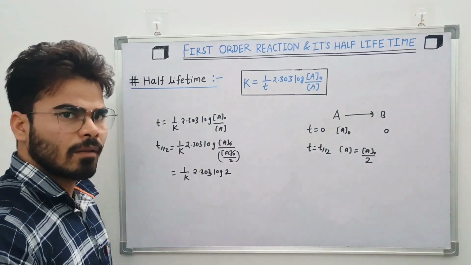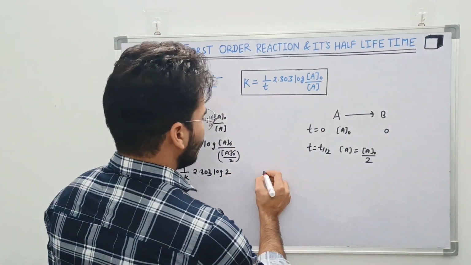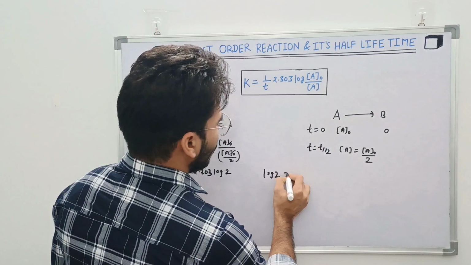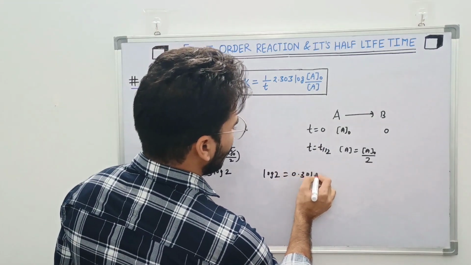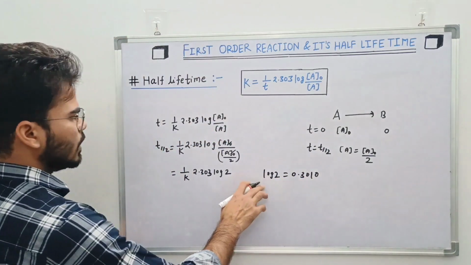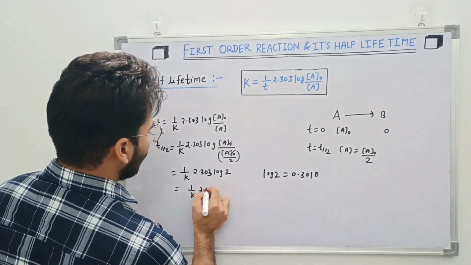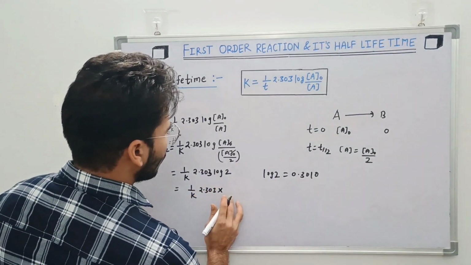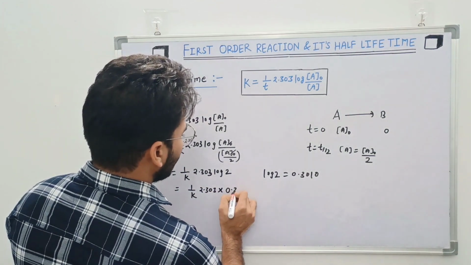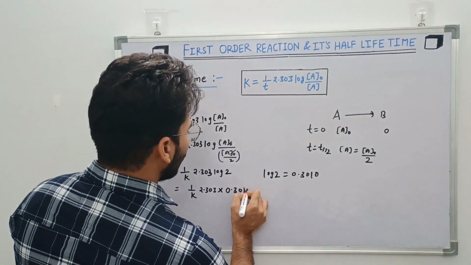As we know, the value of log 2 is 0.3010. When we put this value in this equation, we get 1 upon K 2.303 into 0.3010.